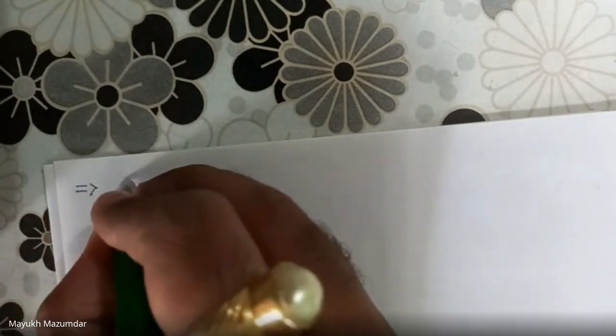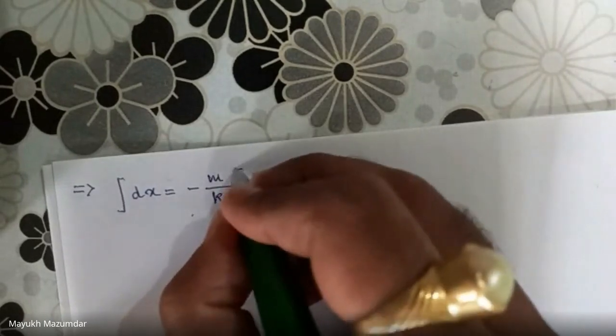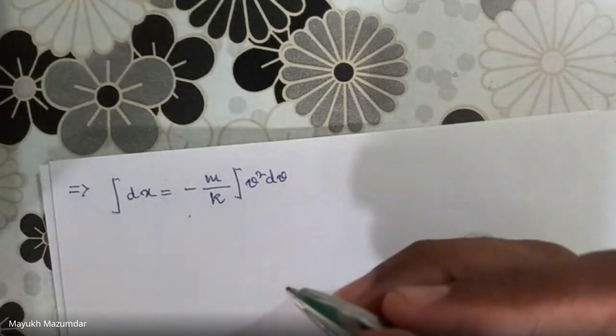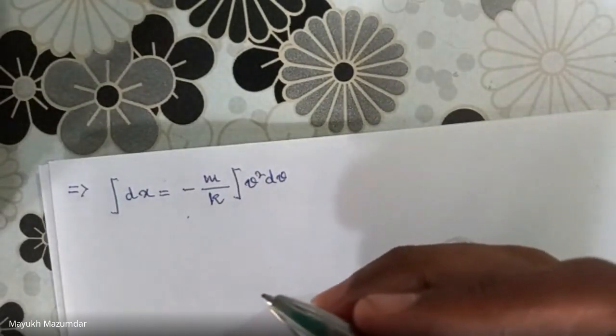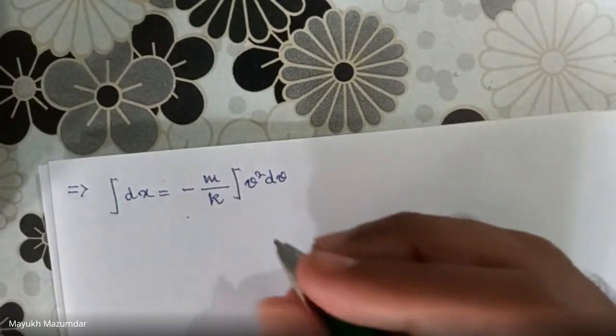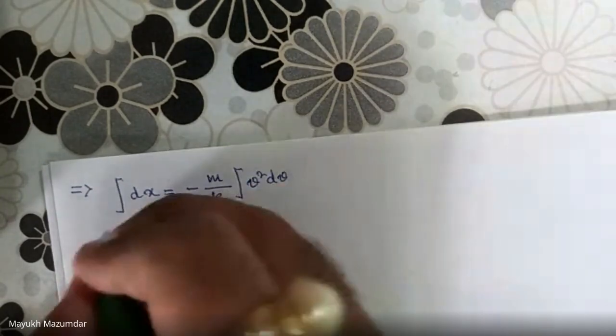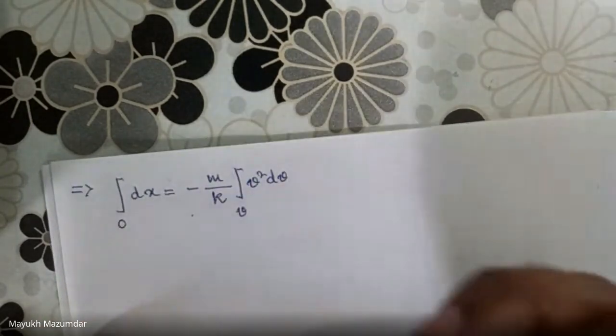Now let's integrate. So let us integrate dx, and here I have minus m by k v square dv. Now the limits are important. Initially the velocity of the alpha particle was v when it didn't travel any distance.